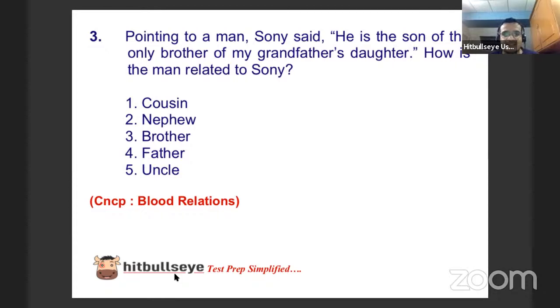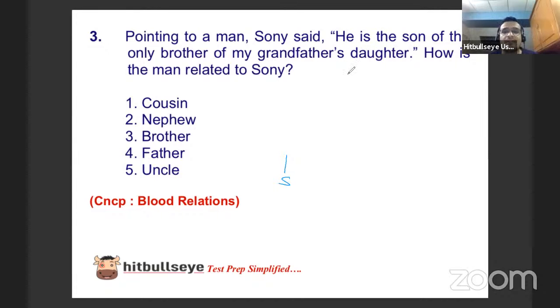I would like to re-emphasize here. He's the son of the only brother of my grandfather's daughter. So Sony will come here. The way the English statement is worded, that is where the catch is, and that is where the trap is.